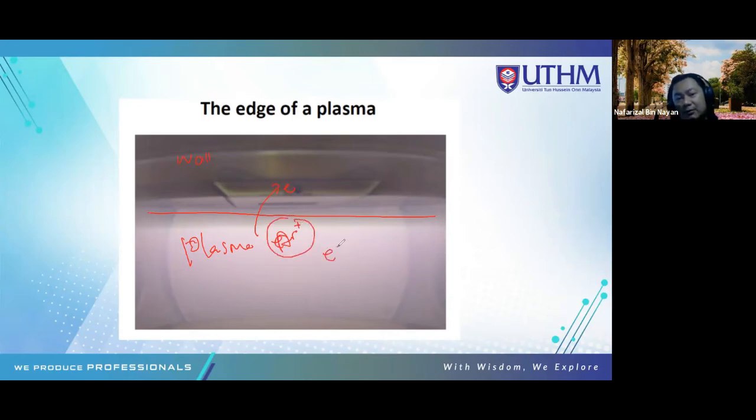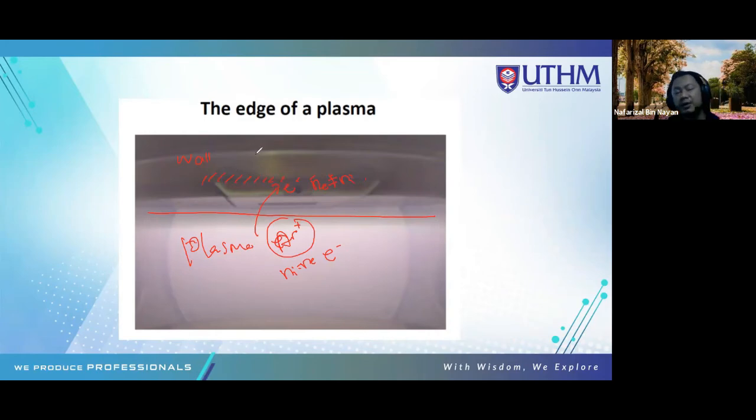Of course, at the same time, we also have a small number of electrons inside here to make sure that the number of ions inside here is equal to the number of electrons. But here it is not equal. Okay, so you can see at the wall we have a dark region over here. So that's the boundary between the plasma and the wall.